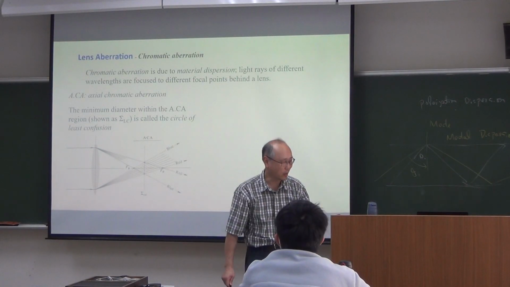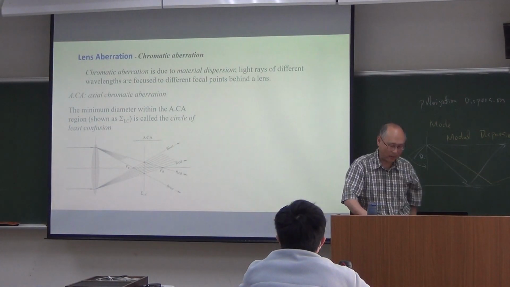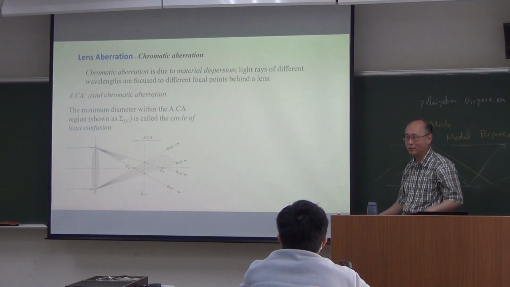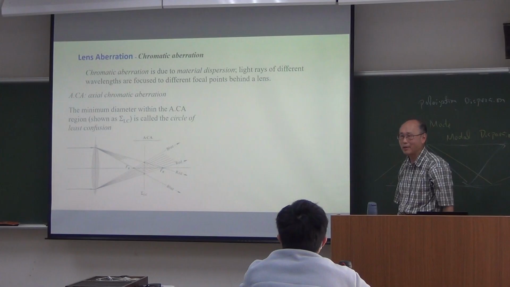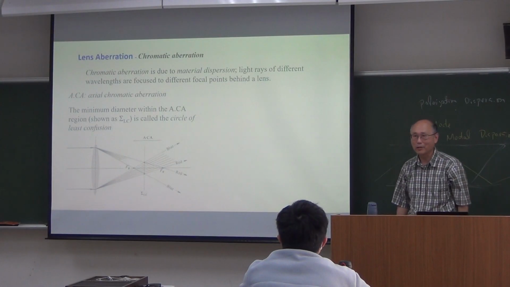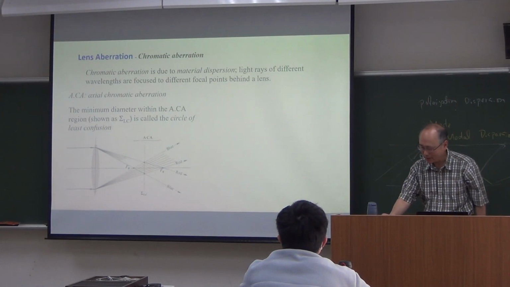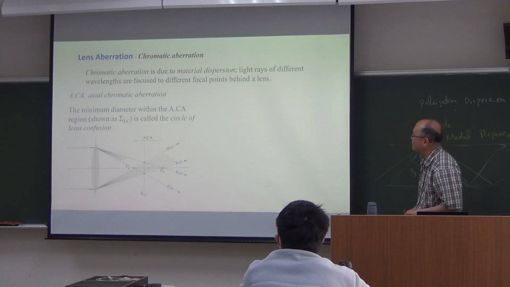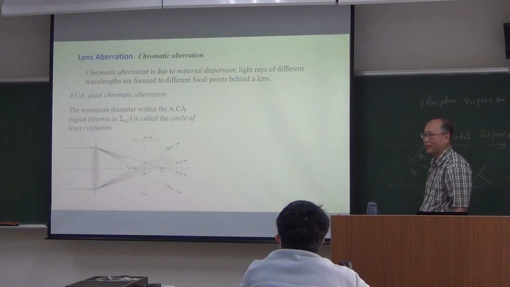And then we're going to talk about different kinds of aberrations. After we finish this part, we're going to go into rigorous mathematics to model the optical imaging in the system. Okay. So for aberration, we have different kinds of aberration.